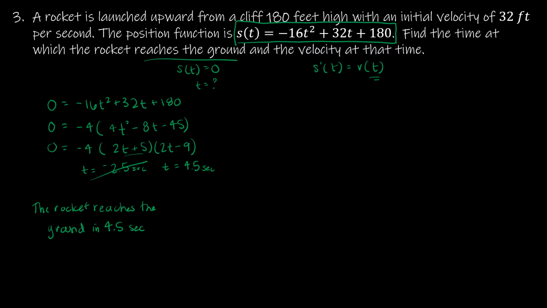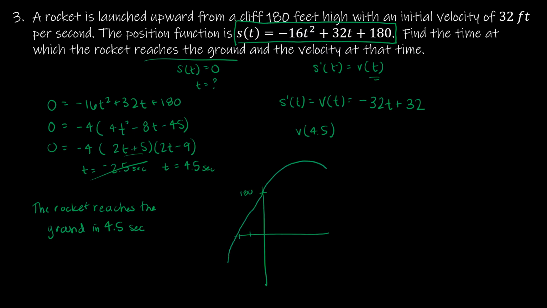Now, I'm trying to find the velocity at that time, so let's find s prime of t, which is going to be equal to v of t. So I'm just taking the derivative of the position function, which gives me negative 32t plus 32. Now I'm going to find v of 4.5 because that's the time I care about. So if you think about this being 0, and this is 180 feet. So essentially what's happening is the negative 2.5 would be over here.